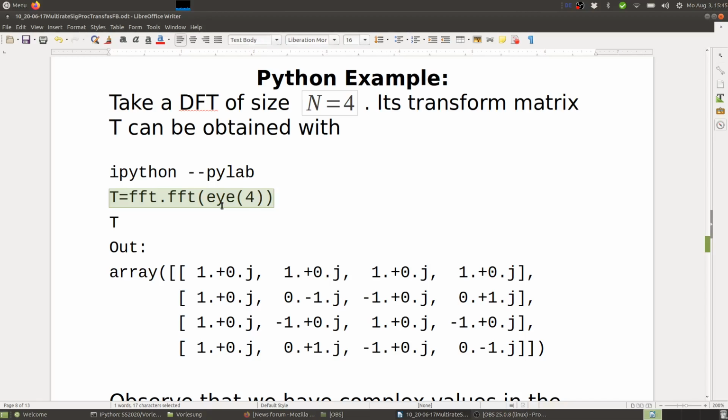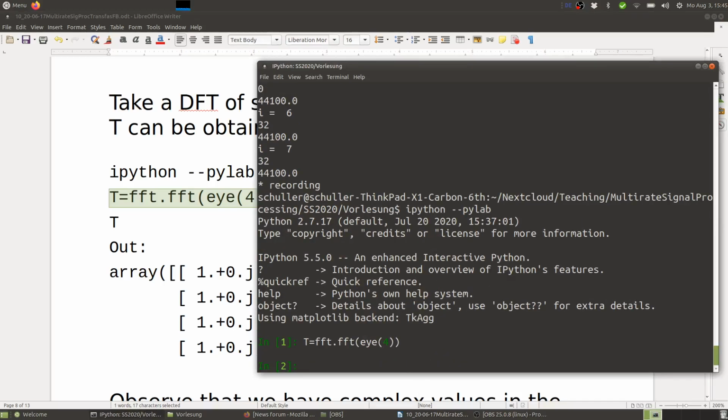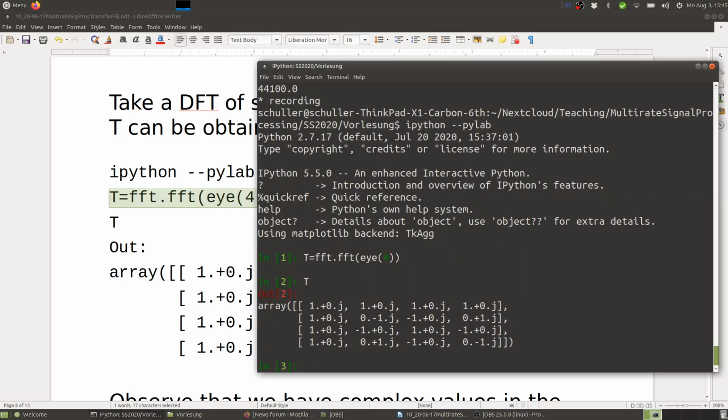Then basically we have identity times internally the transform matrix, and what's left is the transform matrix. So let me do that. So I apply the function. So effectively this function internally multiplies with a transform matrix. Not really, but mathematically it does, and then the result is this transform matrix T. Right, so this is what we get.